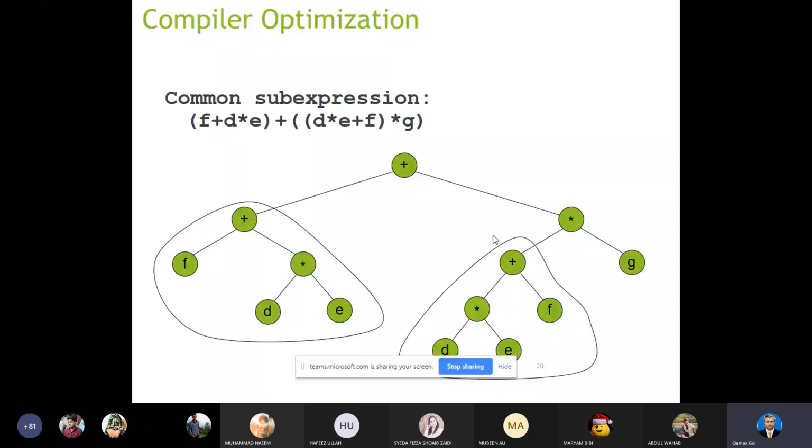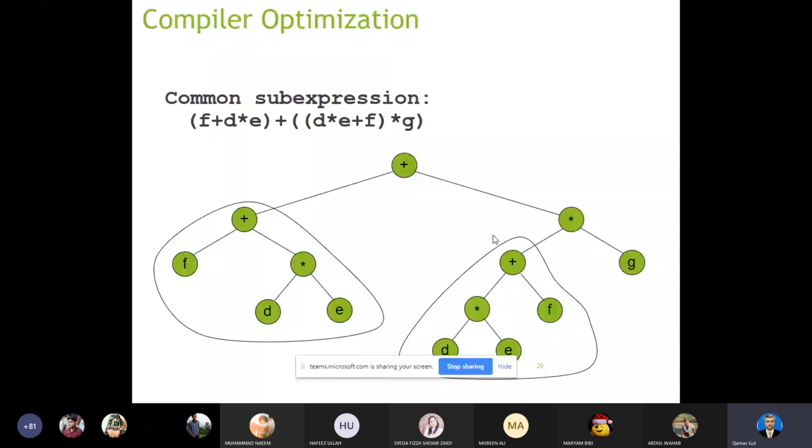This is optimization. So in computer science, in programming, what is optimization? With less code, less memory space, and less processing time, you get the result. This is optimization in computer science.